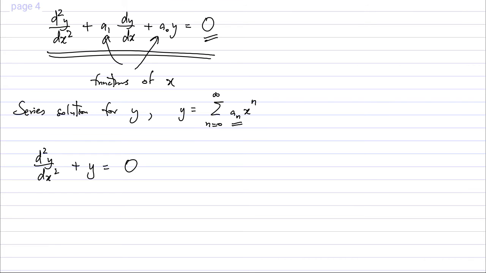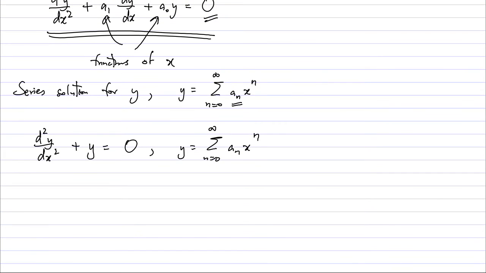I'll assume a series solution for y. The trick now is to assume such a solution, and we'll discuss later when such a solution can exist. You plug that into your differential equation.